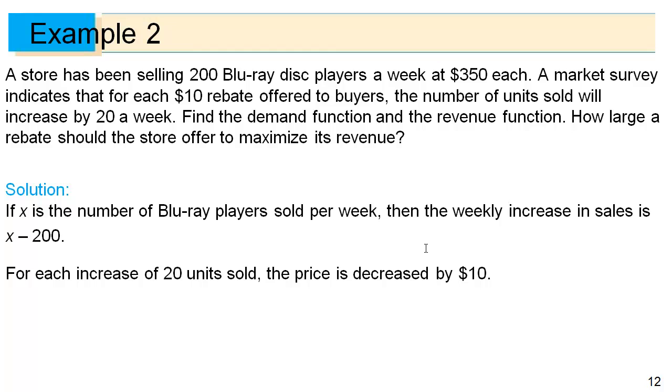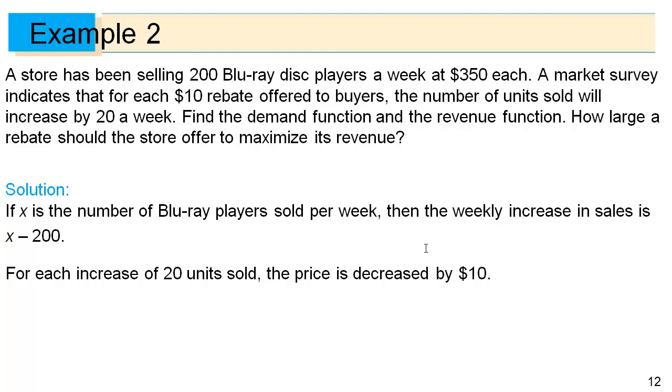Where did that come from? Well, 200 is where we started. You could have let x be the increase in Blu-ray sales, and then all of our equations would be different. It just turns out that it's easier, mathematically speaking, to always let x be a number of things rather than a change in a number of things.